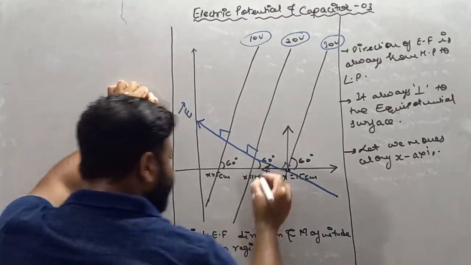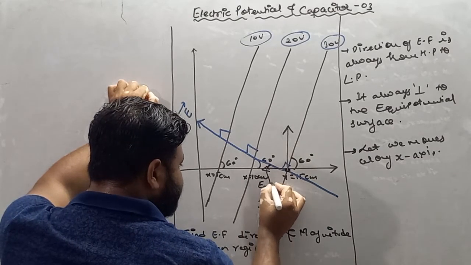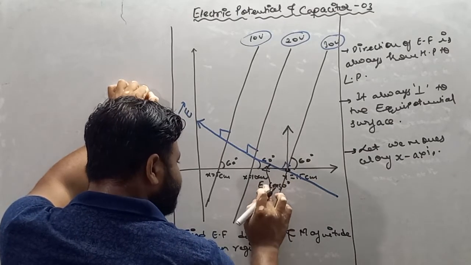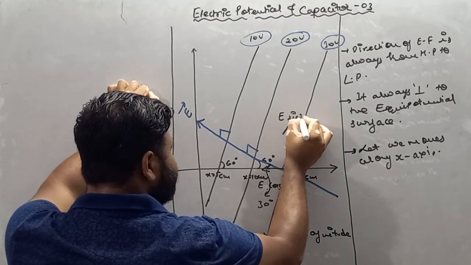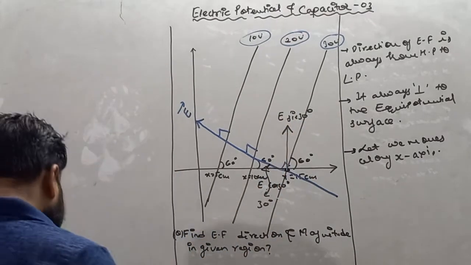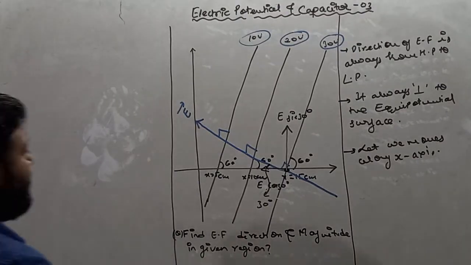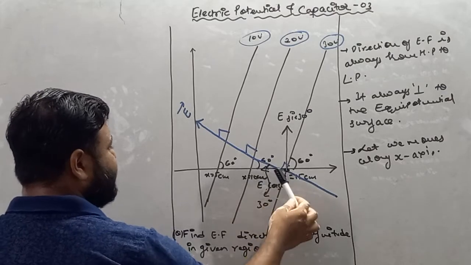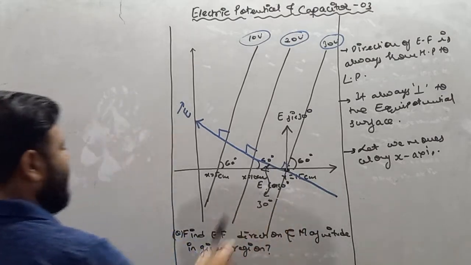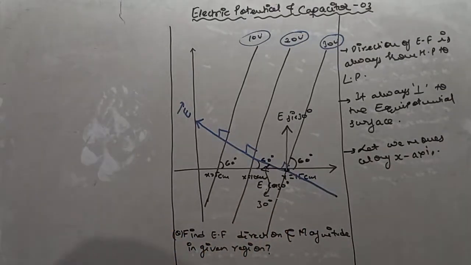It is E cos 30, and this component must be E sin 30. So as we move along the x-axis and the electric field makes 30 degree, the components are E cos 30 and E sin 30.